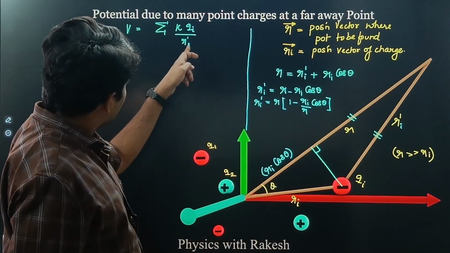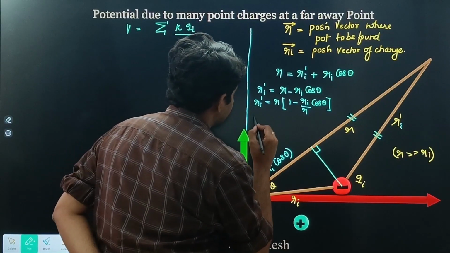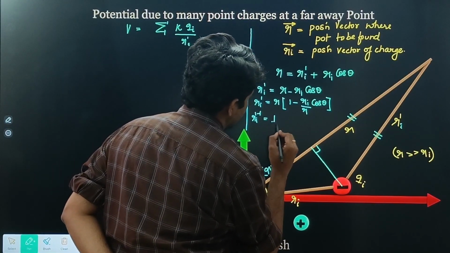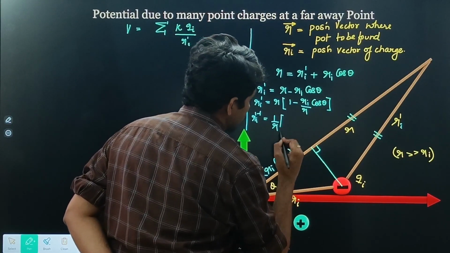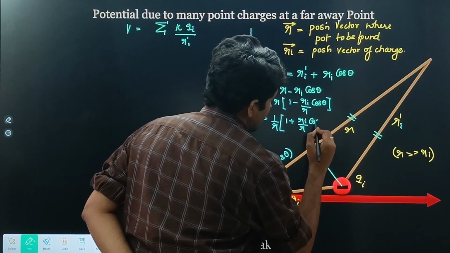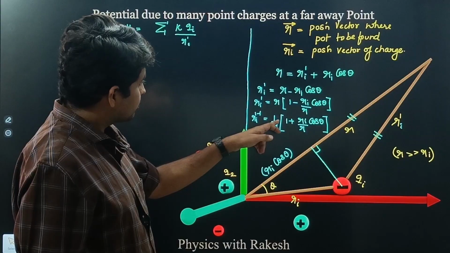I require the inverse, 1 by Ri dash. If I take this inverse, I'll get 1 by R, a minus 1 here, no? So that will become 1 plus Ri by R cos theta. Now we'll put this here.